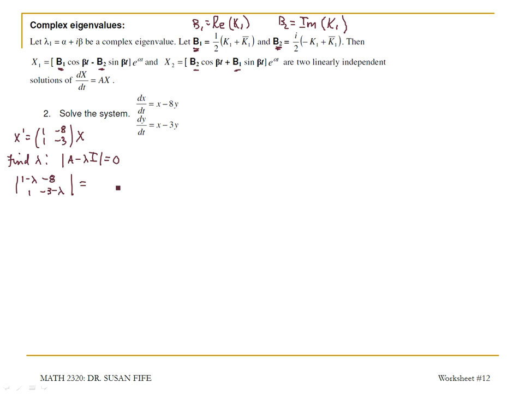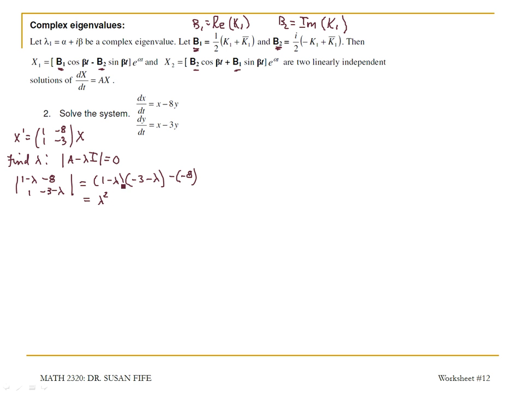If I take this determinant, I get 1 minus lambda times negative 3 minus lambda minus negative 8, and if I expand this, I'm going to get lambda squared.